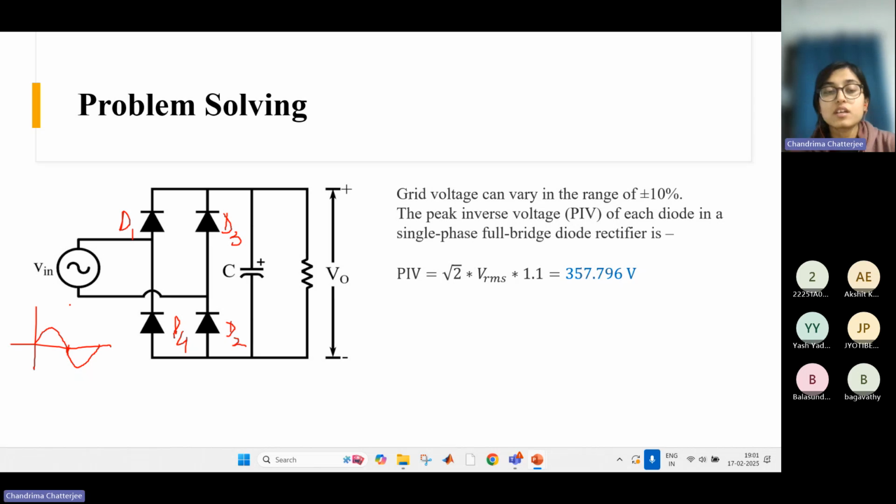So during the positive half cycle, D1 and D4 conduct. These two diagonal diodes conduct. And during the negative half cycle, the other two diagonal diodes conduct, D2 and D3.